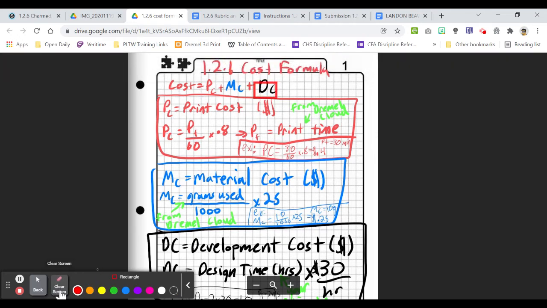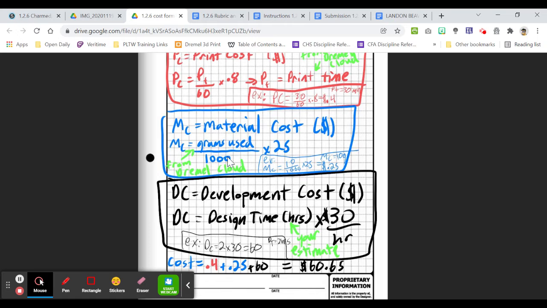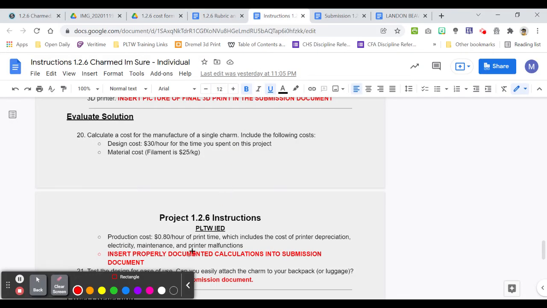And so to find our total cost to print, we take all of our numbers with that formula, we add them all together, and get a final print cost for my example of $60.65. Once you have gotten that and you need to document your math properly, you need to put your documentation into step 20.